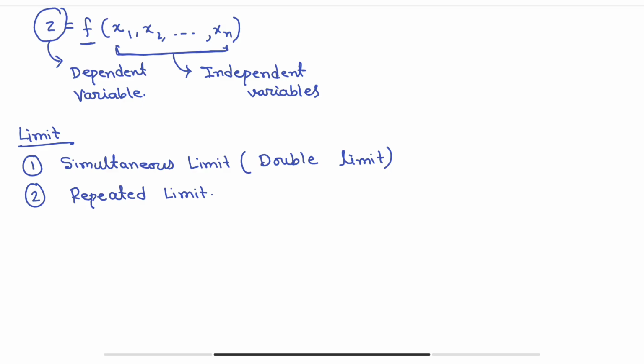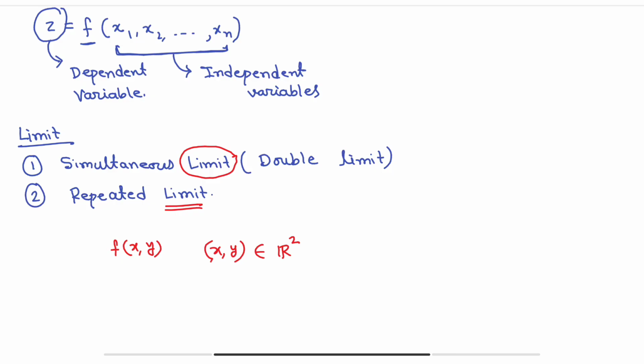So first of all let's understand what actually limit is. Suppose we have a function f of xy. And this xy, obviously this is an ordered pair. x represents the x coordinate, y represents the y coordinate. So obviously this x and y belong to R2. That means we are taking some points xy which are from R2.